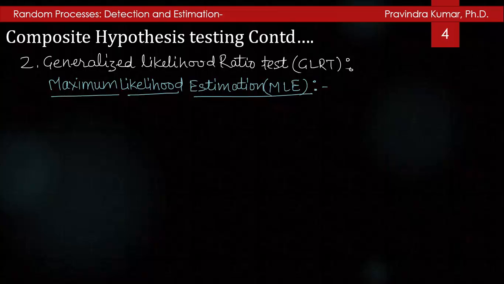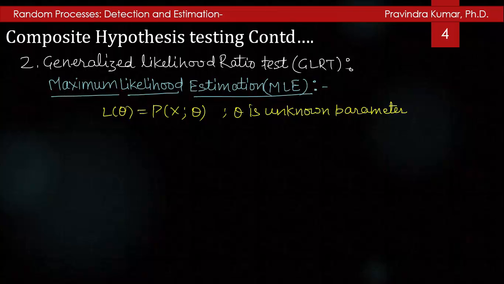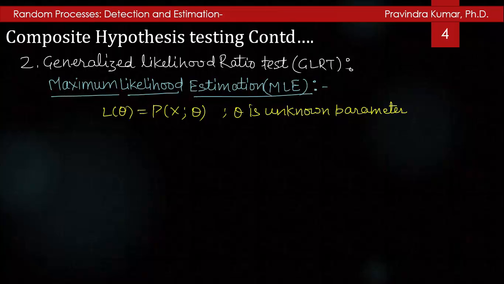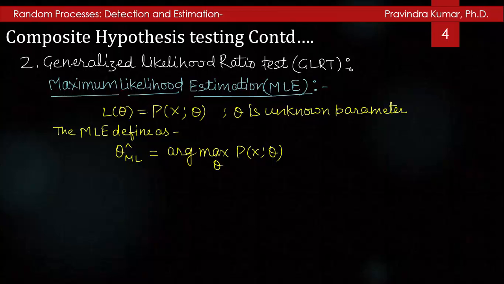Consider the likelihood function p(x; theta), where theta is the unknown parameter. The maximum likelihood estimate is defined by maximizing this likelihood function with respect to theta, and this is known as the maximum likelihood estimator, or the estimated value of theta.